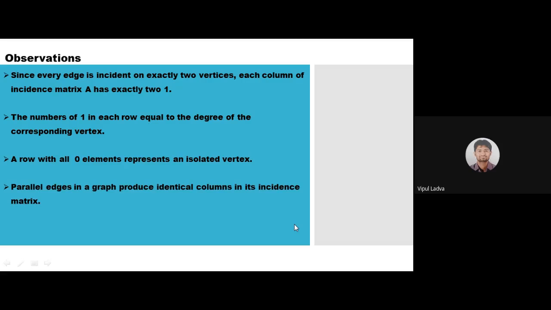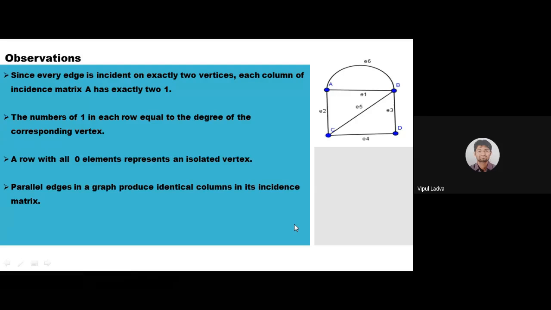Parallel edges in a graph produce identical columns in its incidence matrix. If there are parallel edges, then two identical columns will be generated. Think carefully, why is that so? Observe here, E1 and E6 both are parallel edges. Yes or no?